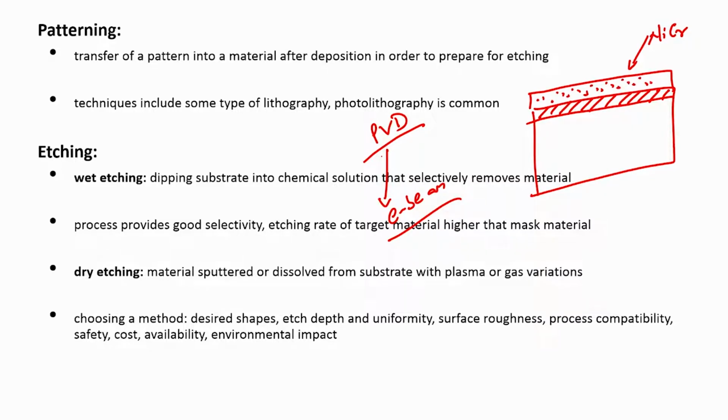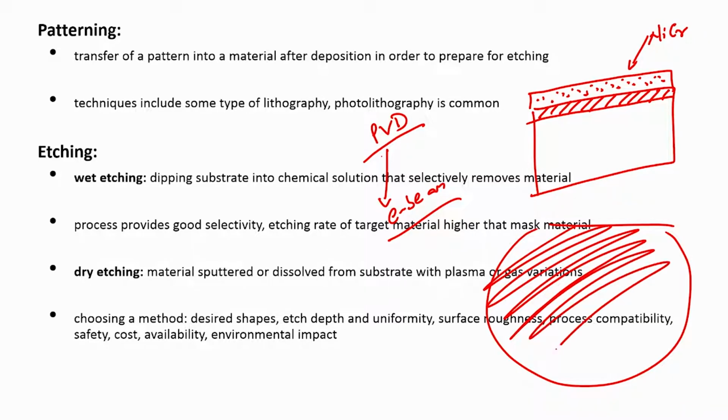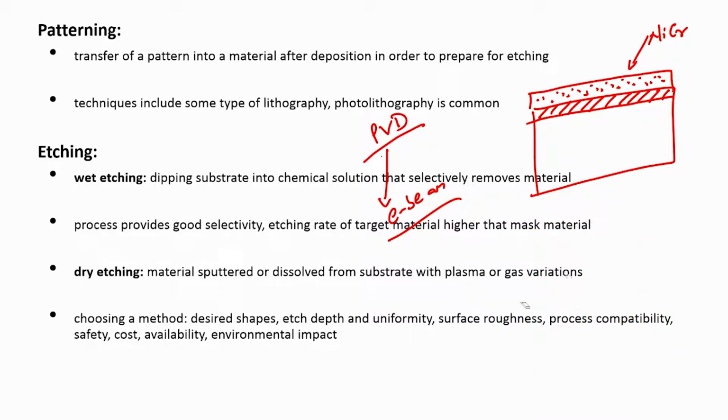This is all in cross section. If I draw it, it is a silicon wafer coated with oxide on which there is nichrome. Once you deposit the nichrome on the oxidized silicon wafer, what is the next step?